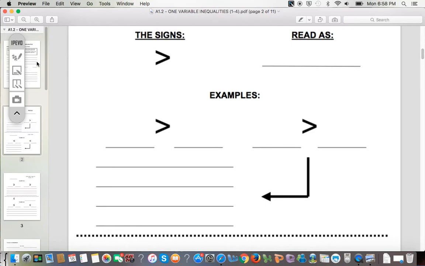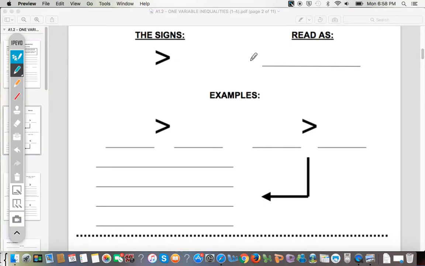So let's go down here. This sign that I drew earlier is the greater than sign. Some examples are 4 is greater than 3, and x is greater than 2. Where this opens up, this opening will always open up towards a larger number.